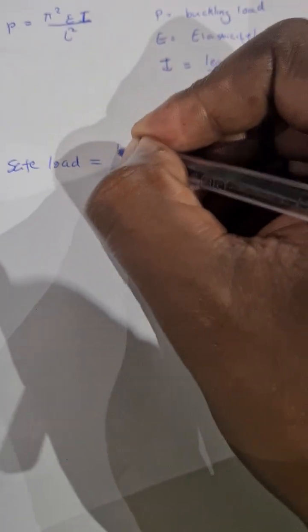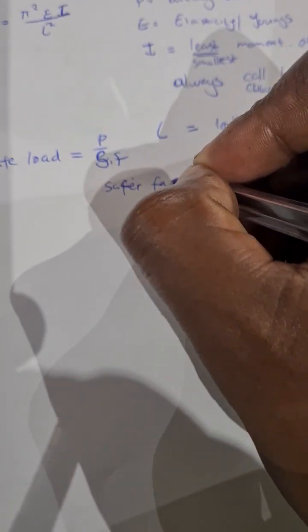Then, for example, if the question asks you for the safety factor or safe load, it's equal to P over the safety factor.